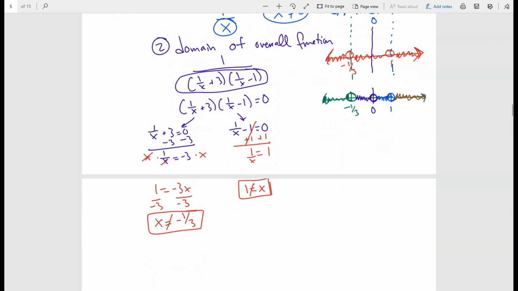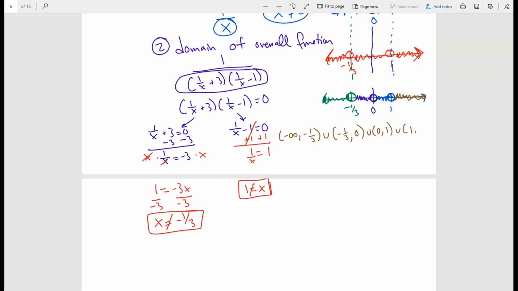So my domain is going to be from negative infinity all the way to negative 1/3, not included. Union negative 1/3 all the way to 0, not included. Another union 0 to 1, also not included.